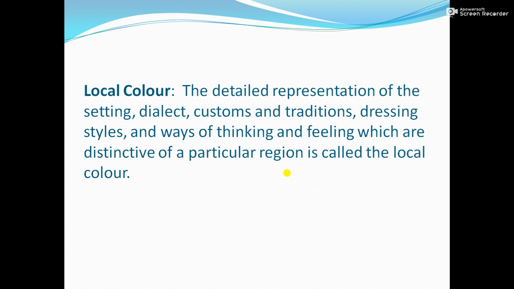So, how the dresses are worn by the people of a particular locality. Suppose if you go to the Konkan part, the dressing will be slightly different than the traditional dresses in, say, the Nasik region, right?